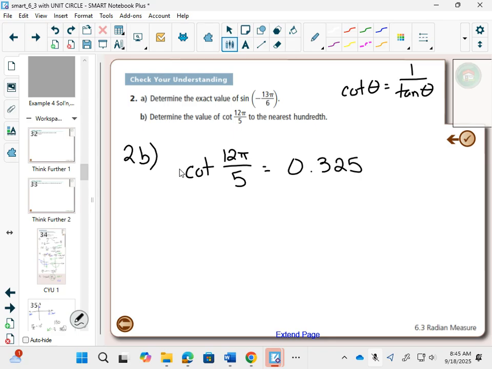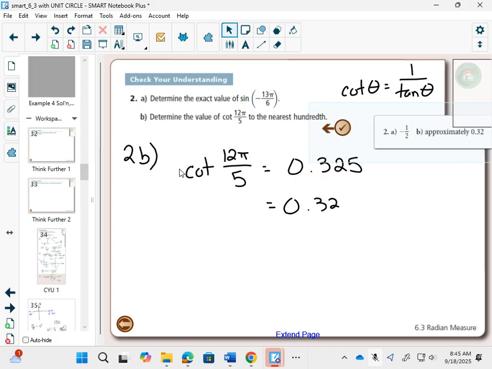It was actually 3.249, so rounded to the nearest tenth would be 0.32. Did you get that value on your calculator?